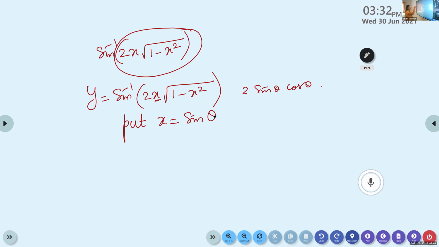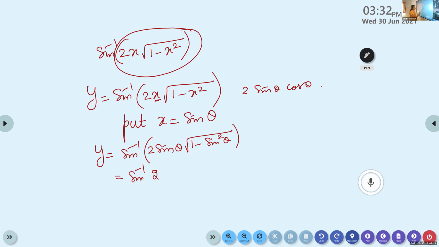So when you put x is sine theta, y is equal to sine inverse of 2 sine theta into root of 1 minus sine square theta. What is 1 minus sine square theta? Cos square theta. And if you take it outside the root, it will be cos theta, isn't it? So we get 2 sine theta cos theta.